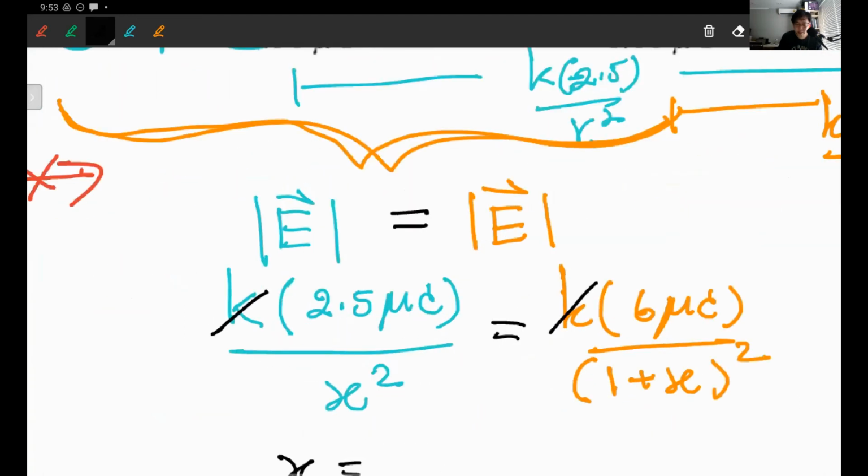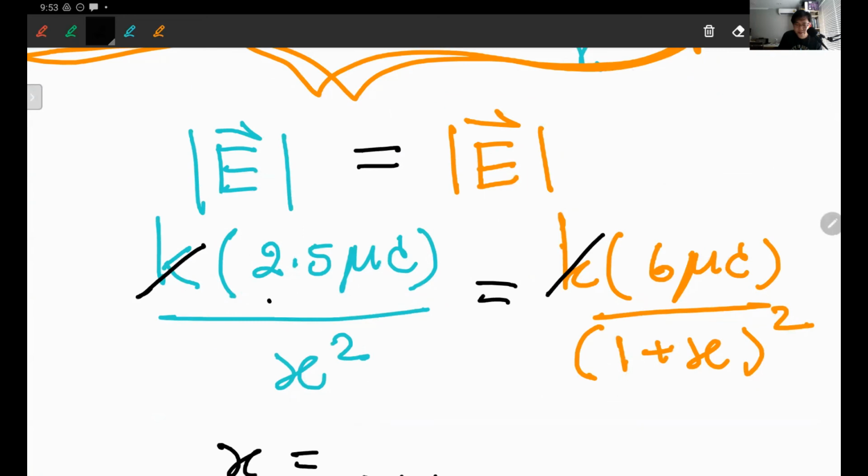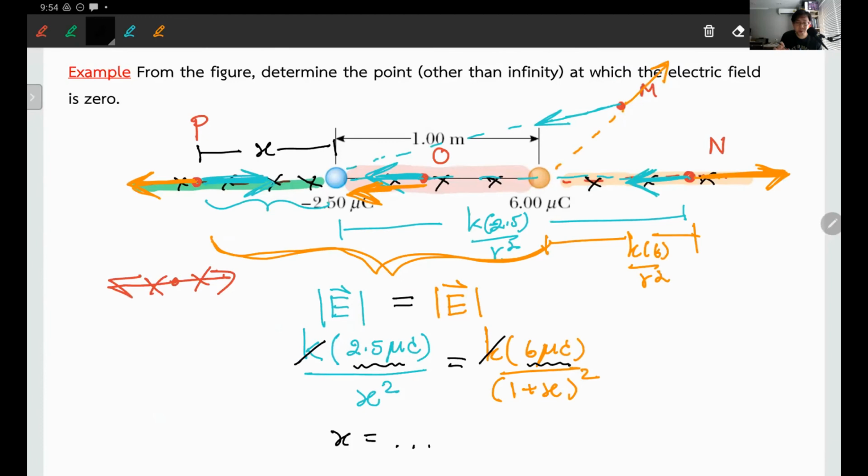When I calculate using this formula, I always just put the magnitude of the charge. Even though this blue charge is a negative 2.5, I only put 2.5 here. So I don't care whether it's a positive or negative charge. I only need the magnitude of the charge in the formula for the magnitude of the electric field.